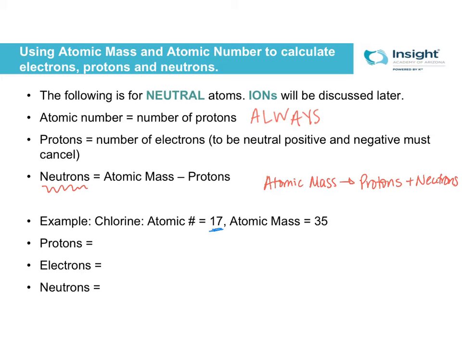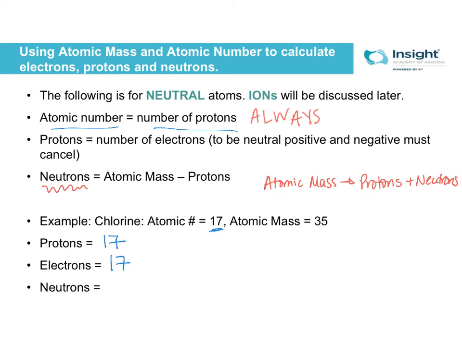So atomic number is always equal to the number of protons. That means we have 17 protons. You can assume that we're dealing with a neutral atom unless you were told otherwise. We weren't told that there's anything strange going on, and this isn't neutral, so we need to cancel out our 17 positives with 17 electrons.